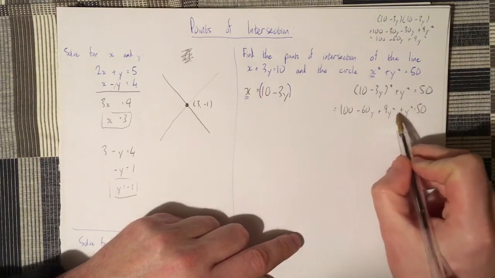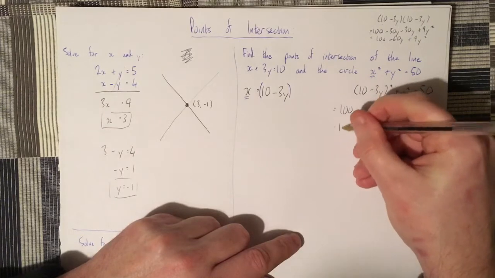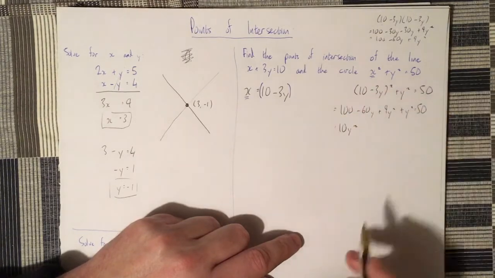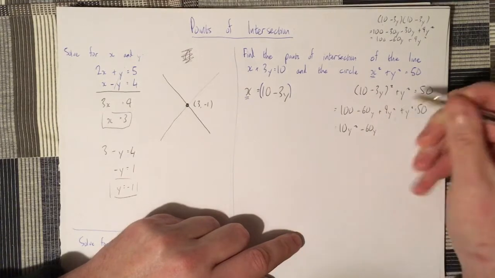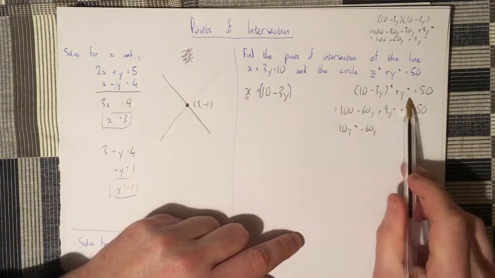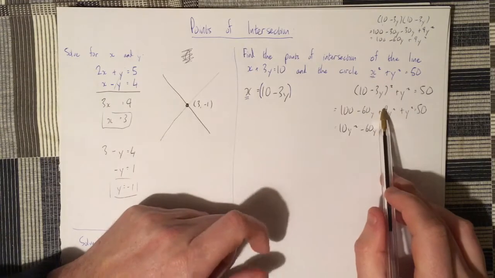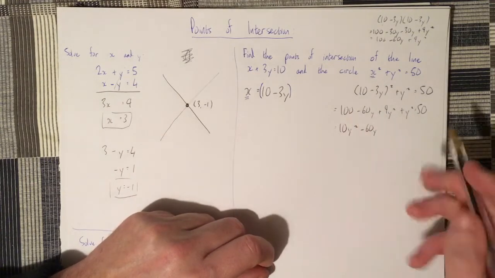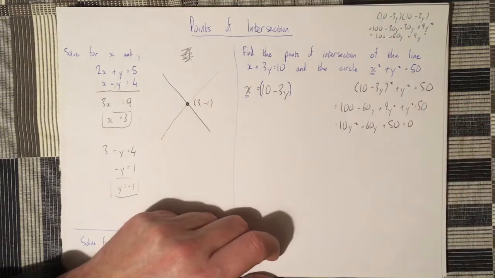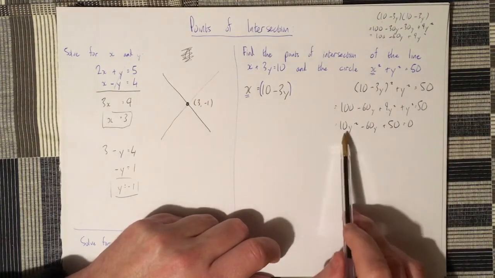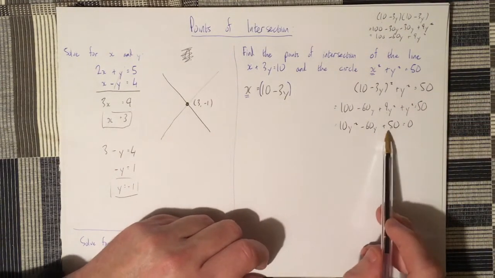So I've got 9y squared plus 9y squared, that's 18y squared. I've got minus 60y. And if I bring the 50 over the equal sign, it becomes minus 50. 100 minus 50 is 50. And that's equal to 0. So 10y squared minus 60y plus 50.